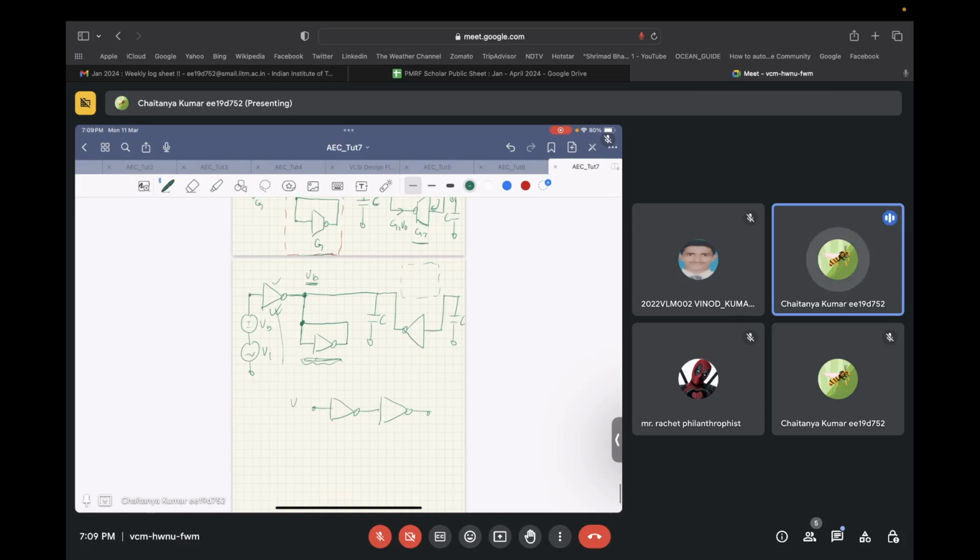Let's assume that this is biased at whatever biasing it needs to be. If this has a transconductance of GMN plus GMP, and this has a transconductance of GMN plus GMP, and let's say there is infinite output resistance of the inverter.